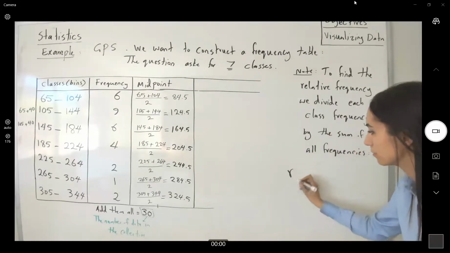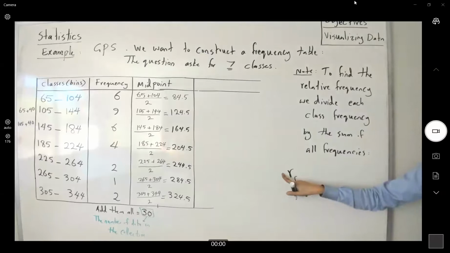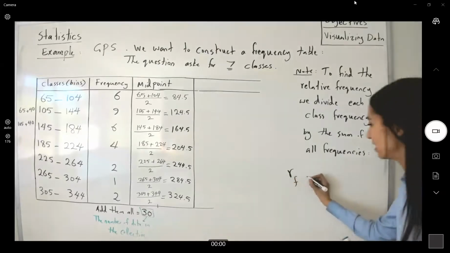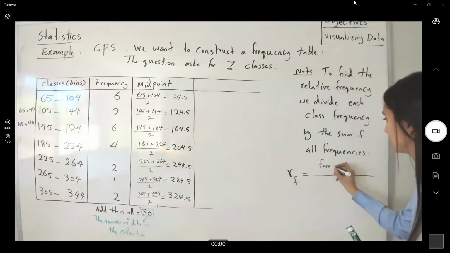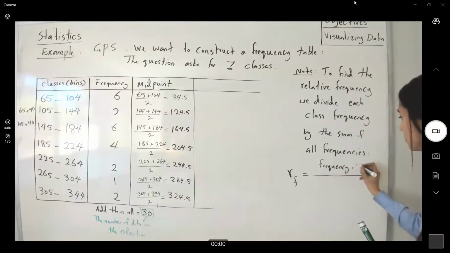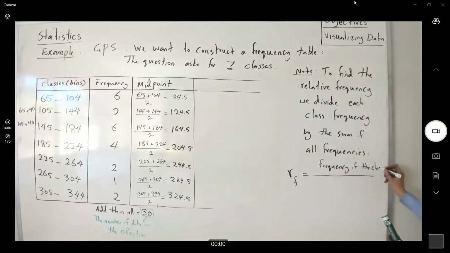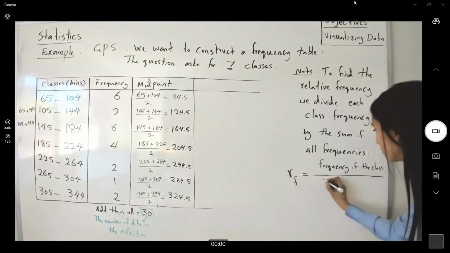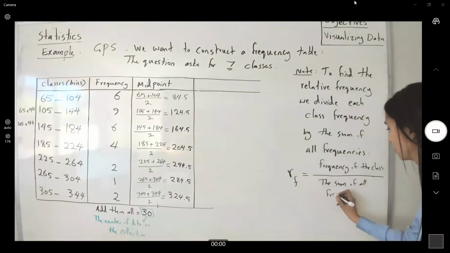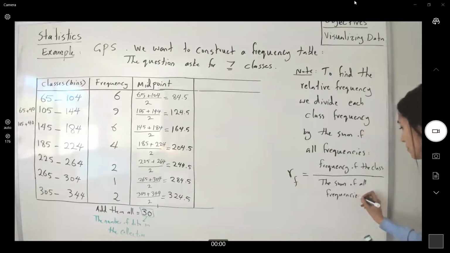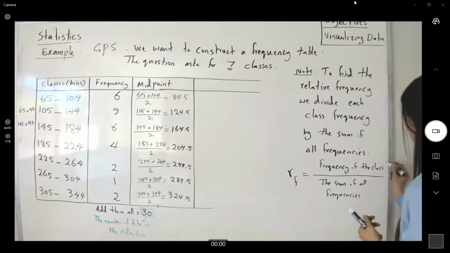So relative frequency, or r sub f, is equal to the frequency of the class divided by the sum of all frequencies. The third formula for you in this class.